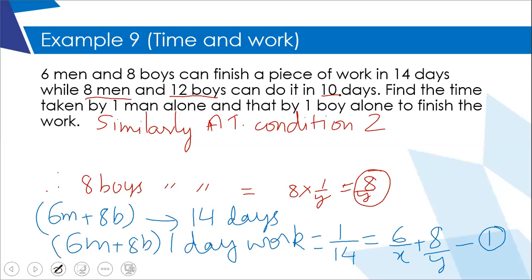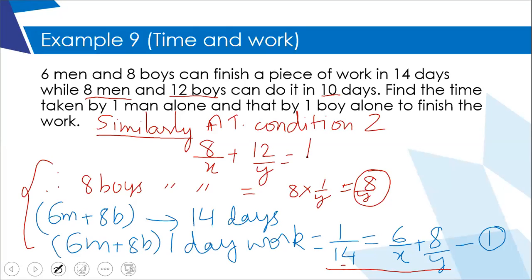By the word similarly, I am saying that whatever logic I applied in framing the first equation will be applied in the second one also. And straight away you write 8 upon x plus 12 upon y is equal to 1 upon 10. This is your equation 2.